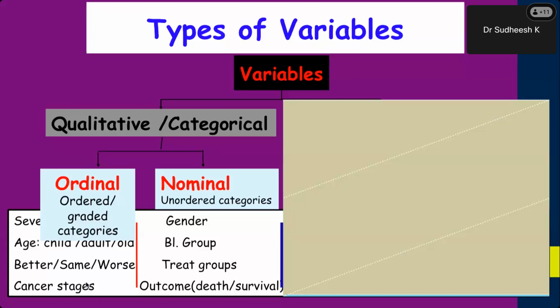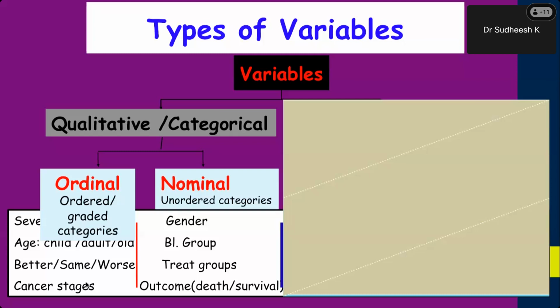For example, it can be male and female. It can be ASA grade 1, 2, 3, 4. It can be PONV grade 1, 2, 3, 4. Or it can be cancer stage severity, stage 1, stage 2, stage 3, stage 4. Anything like that. They are all known as categorical variables, because they just describe which category the patient falls into.